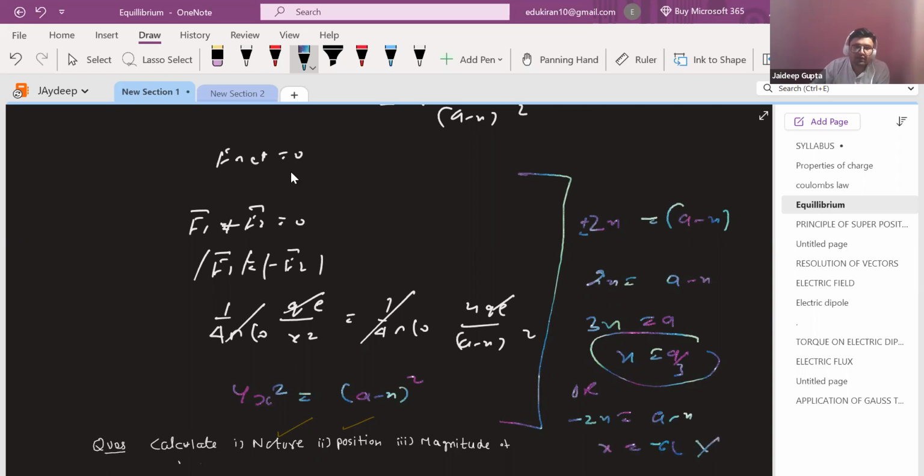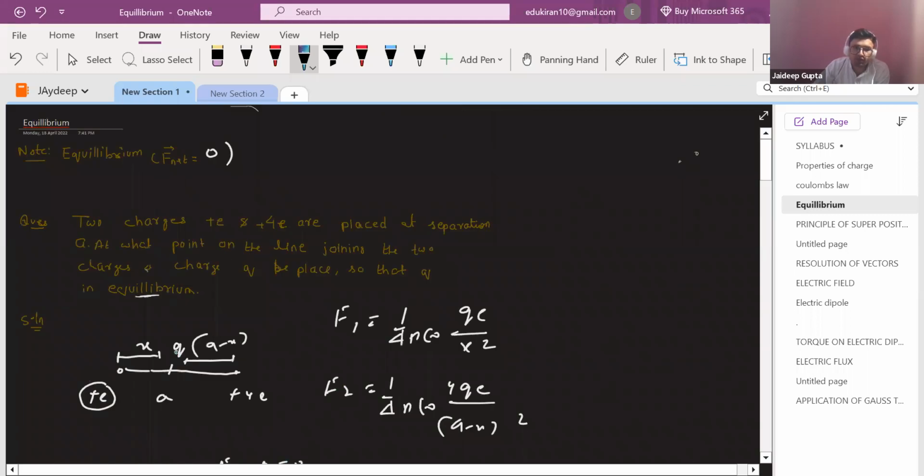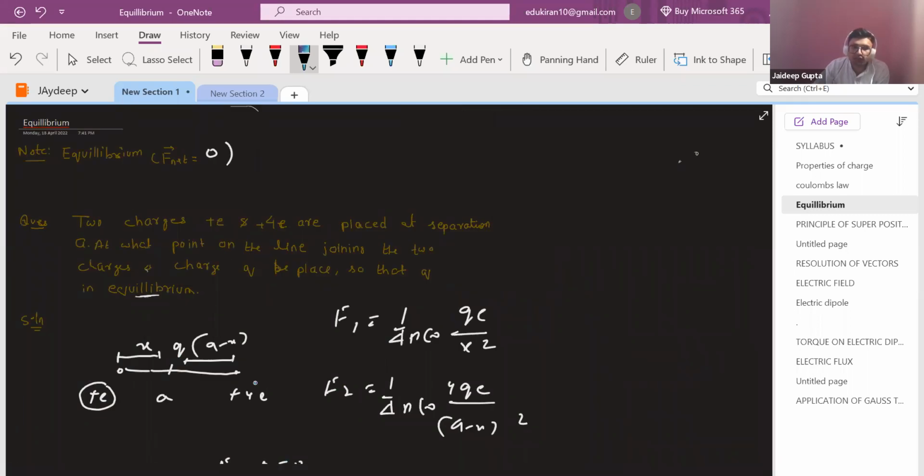If we have to calculate the distance, then what do we do? We equate these two forces. First we calculate the force due to E on this charge, and then due to 4E on this charge, then equate the magnitudes and you'll get the answer. But while calculating, you are not supposed to expand A minus X whole square, because it's going to be very complicated. Fine. So this is how we do it. Is it okay, Iram? Shall I proceed?